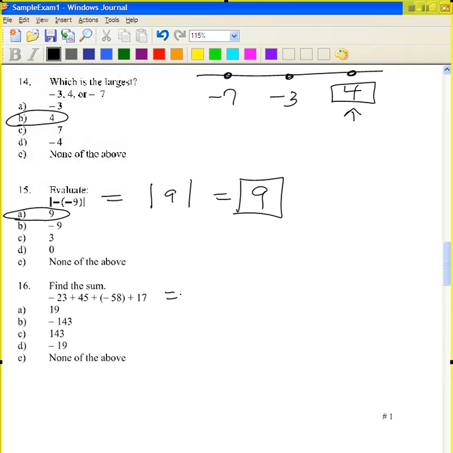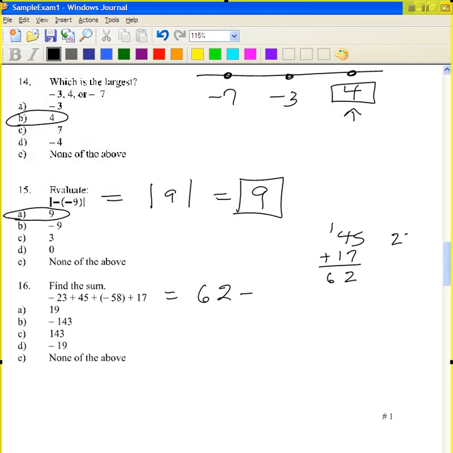So maybe I guess what I'll do is I will add all the positives. So 45 plus 17, well, that's going to be 7 plus 5 is 12. Let's carry the 1. 4 plus 1 is 5 plus 1 is 62. Let's do the subtraction. Negative 23 minus 58. Actually, maybe I'm going to do it over here. So 45 plus 17 gives you 62.